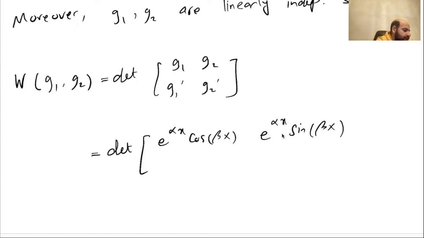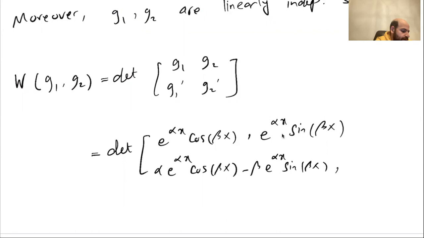So I will have alpha e to power alpha x cos beta x minus beta e to power alpha x sine beta x. Let's put a comma to distinguish between the different terms. And the derivative of G2 is alpha e to power alpha x sine beta x plus beta e to power alpha x cos beta x.